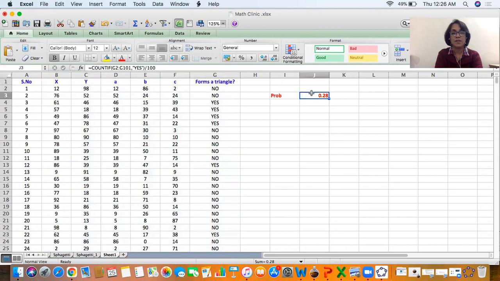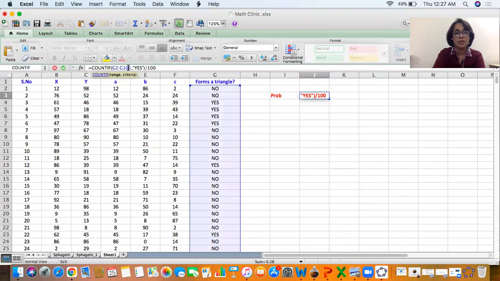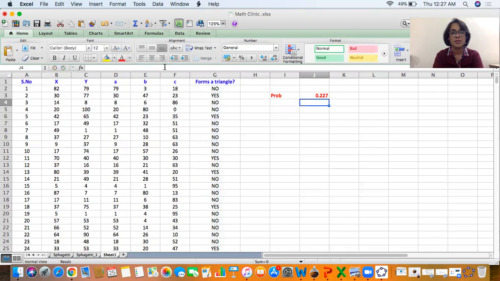But I need to modify this and count from G2 to G1001 and divide by 1,000, since the total number of simulations is now 1,000. So here we get 0.227.